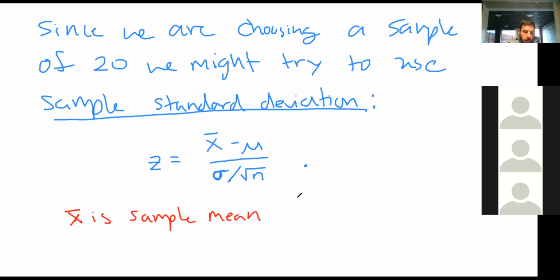So this formula looks very similar to what we used, only there's a bar above the x. And now instead of just dividing by sigma, we're dividing by sigma over the square root of the sample size.